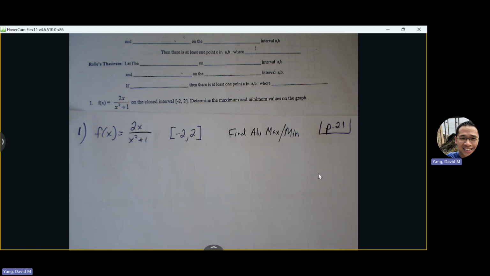Again, we don't use sign lines because we're not concerned about finding relative max or relative min. We want to find the absolute max and absolute min. So we do take into account critical points, but we also are relying on endpoints as well.